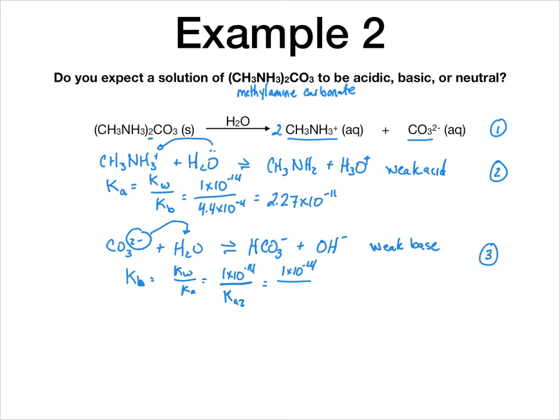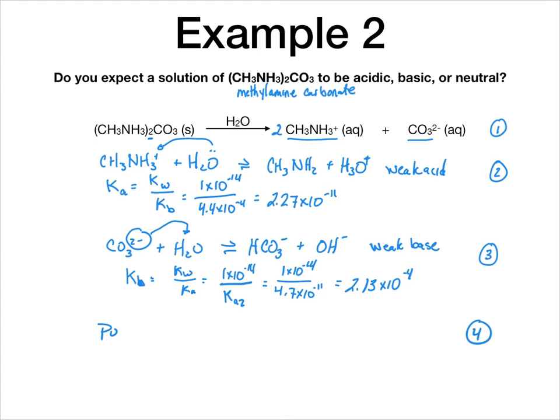If you are confused about this, go look at the video where I explain how the Ka-Kb table works. And so Ka2 is 4.7 times 10 to the minus 11. And this gives me a Kb value of 2.13 times 10 to the minus 4.